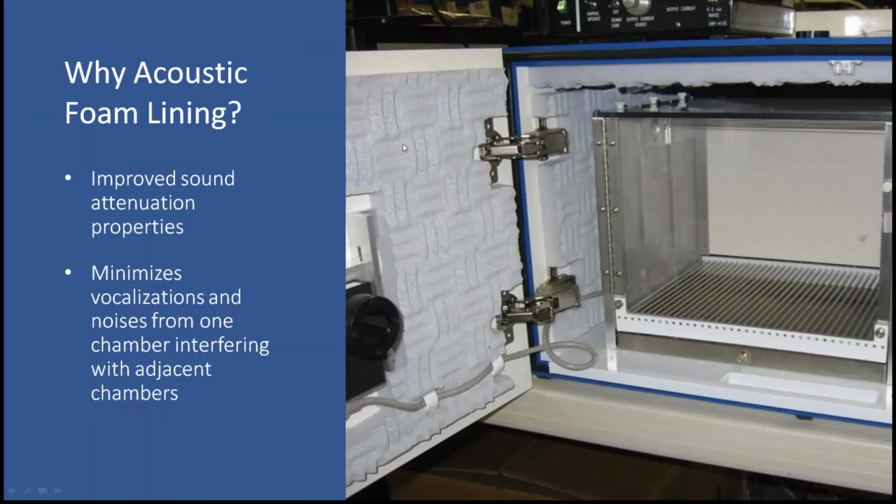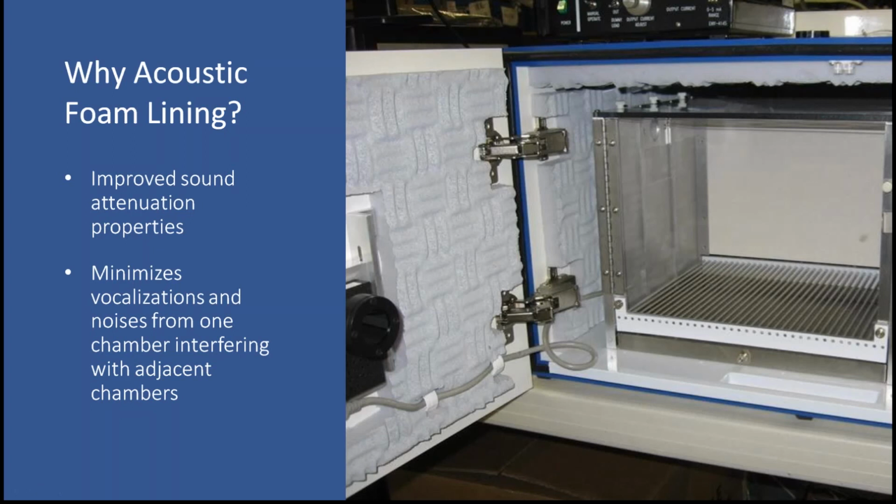One important consideration with behavioral studies is to use acoustic foam lining. This is not only for fear conditioning, but any behavioral experiment. You can improve isolation by lining a cubicle with sound attenuation foam. And the importance of that is, for example, in fear conditioning, you're going to have the tones being played in the test chamber, and when the animal is being shocked, the animal will vocalize.